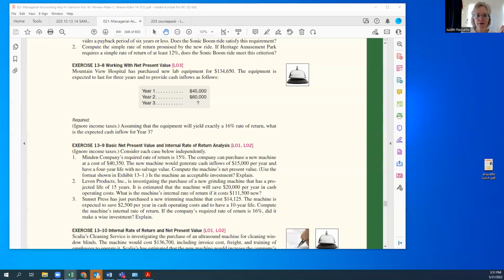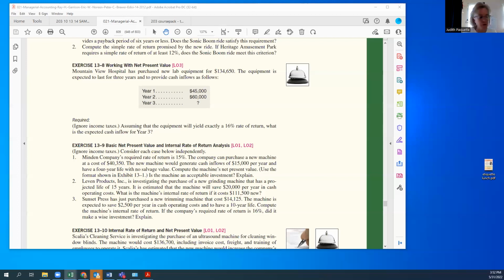So when you set this problem up, you're basically saying, I want NPV to be 0. So we're going to use 16%, and we're going to look up the factors for 16%, 1 year, 2 years, and 3 years. Can you guys give me the factors for that?